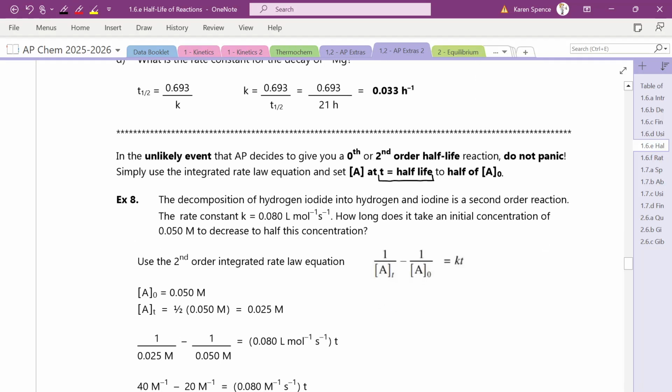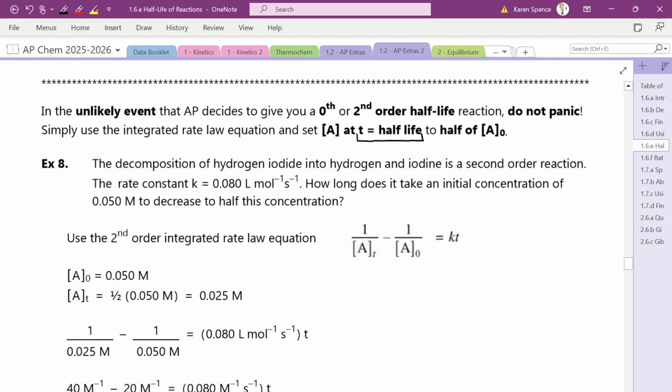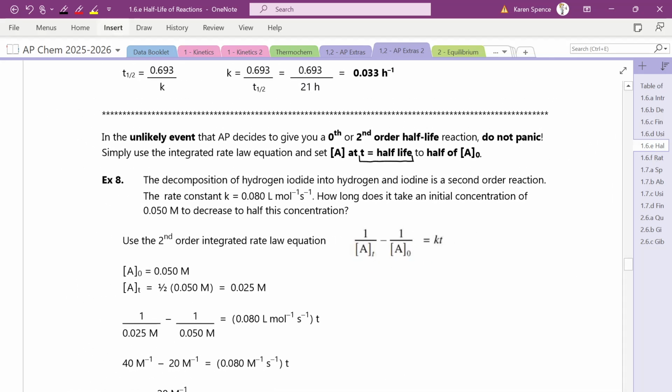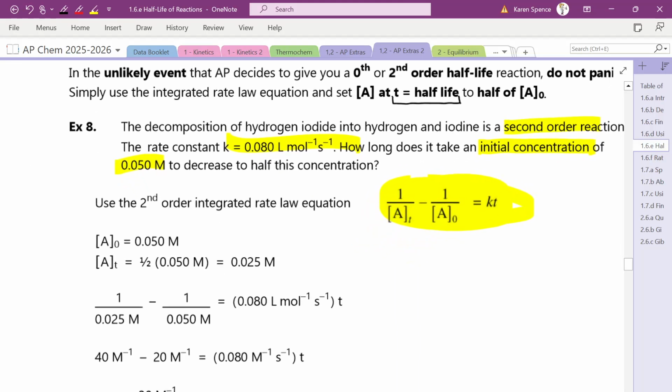So you'd be like, okay, A at time 0, we are told that the initial concentration is 0.5 molar, and we are told that this is a second order reaction, so we're going to be using this one here. And we are given the rate constant here.